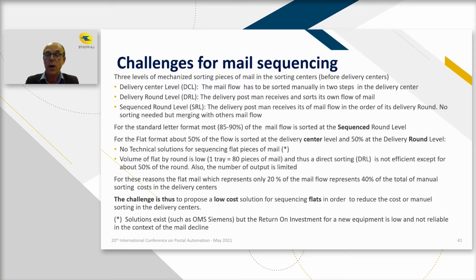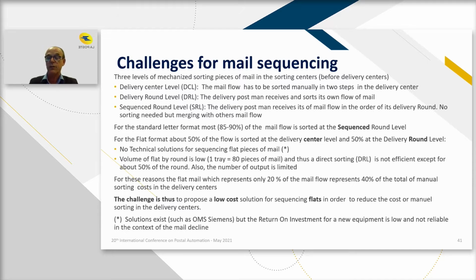People in the delivery center have to manually sort in 2 steps. The intermediate level is what we call delivery round level. In this case, the postman receives his own mail for his round, but you have to sequence this mail manually. And the best we can do, in terms of mechanization, is the sequenced round level.